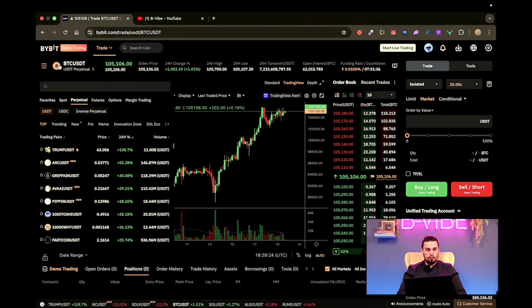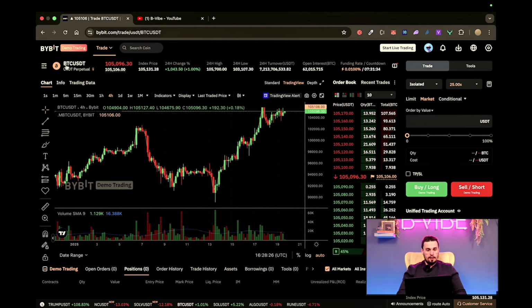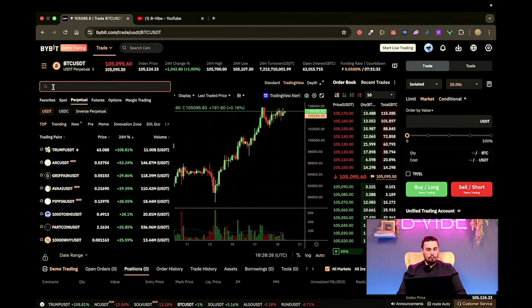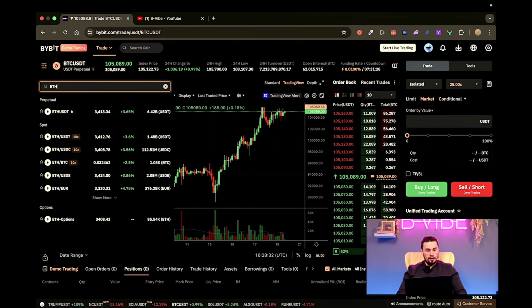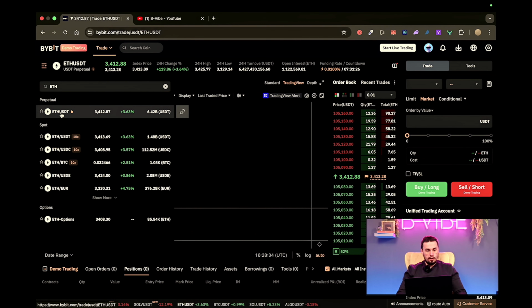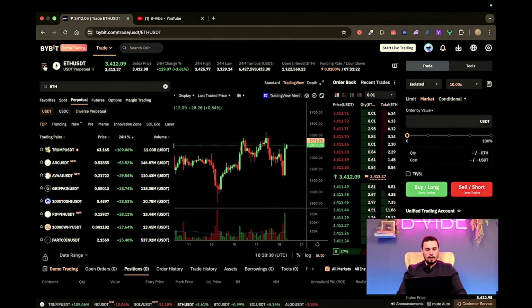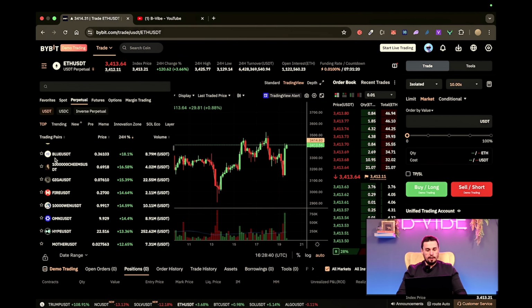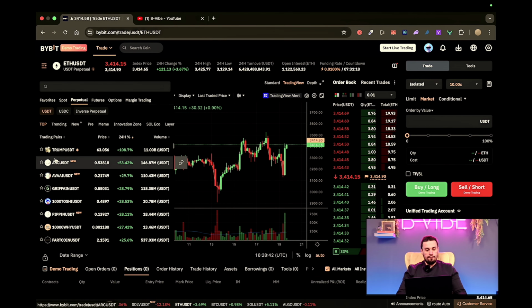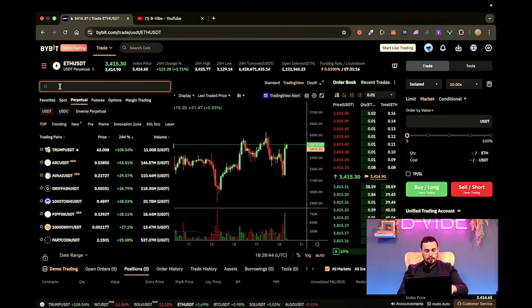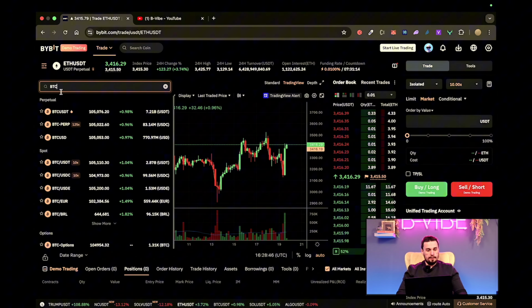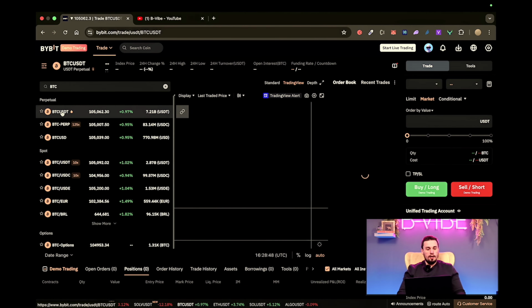If you want to trade Bitcoin, then it has to say BTC USDT. If you want to trade Ethereum, then you can search for Ethereum and switch to the Ethereum graph. So there are different kinds of pairs that you can trade. For this example and for this demo, we are going to trade Bitcoin USDT.